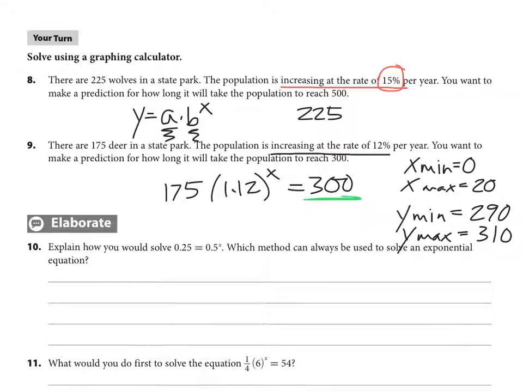My exponential going up, and then I should have a horizontal line coming across. Then I go to, again, second trace, number 5, press enter 3 times. And this time I get x is 4.76 rounded years. So again, you would say approximately 5 years for it to reach that population.